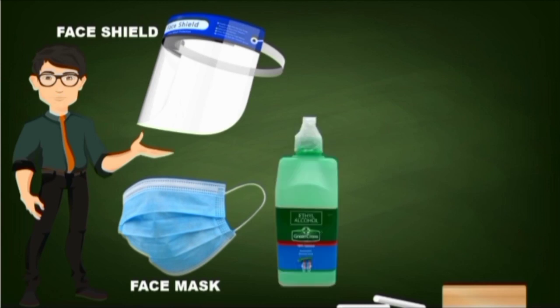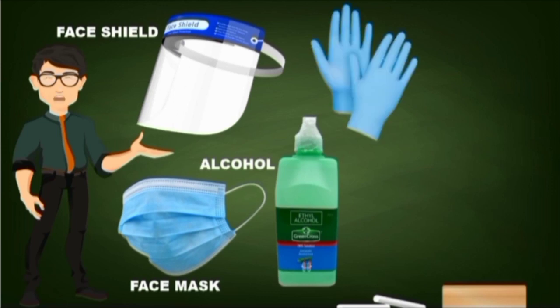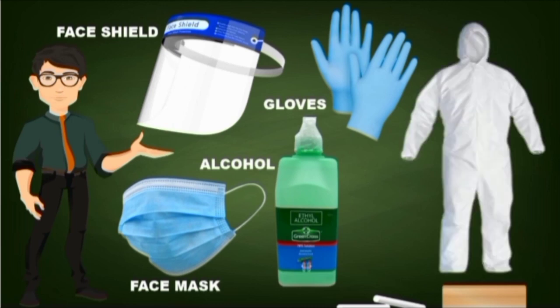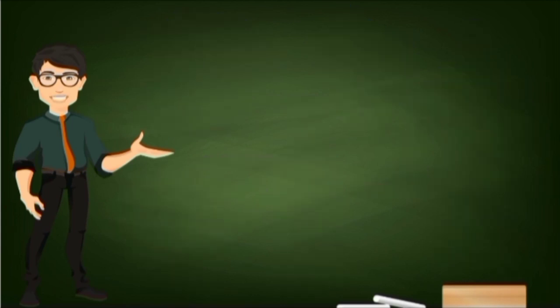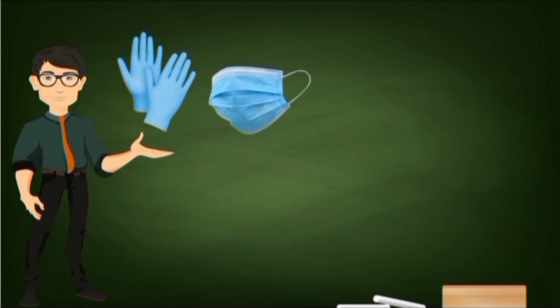Then the other one is alcohol. Next. Very good, gloves. And the last one is PPE, or what we call the personal protective equipment. These are the protective materials that we use during this time of pandemic.